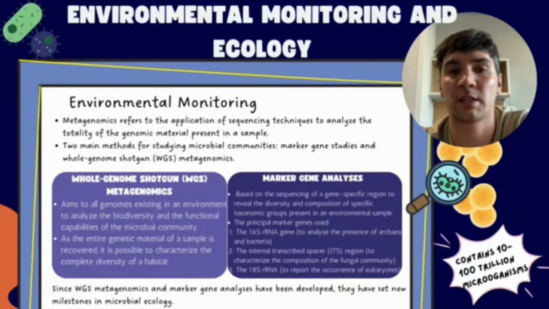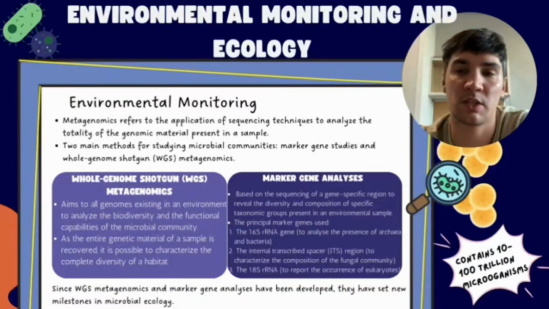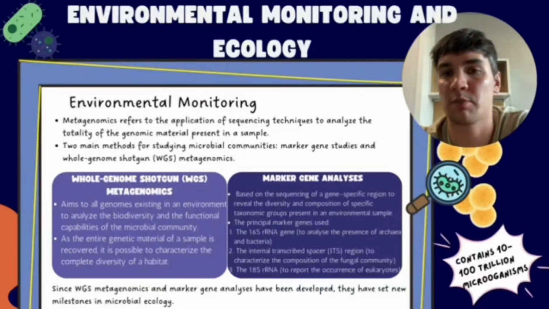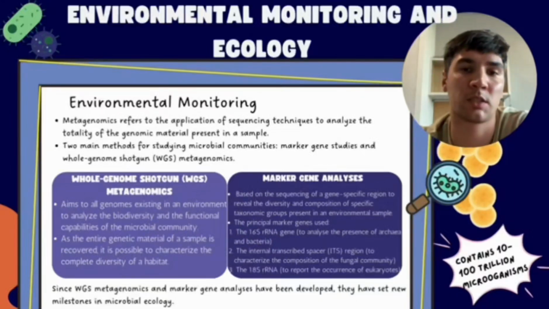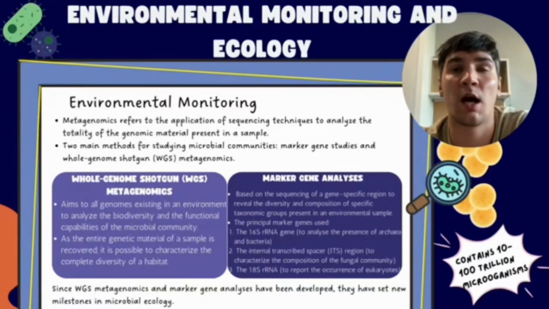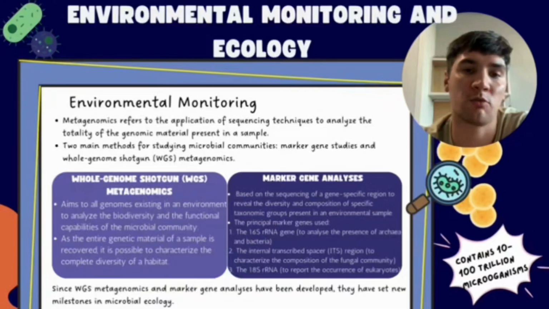Second is marker gene analysis. It sequences gene-specific regions to assess the diversity and composition of taxonomic groups in an environmental sample. Key marker genes include 16S ribosomal RNA for archaea and bacteria, ITS for fungi, and 18S ribosomal RNA for eukaryotes. Both these methods have set new milestones in microbial ecology.